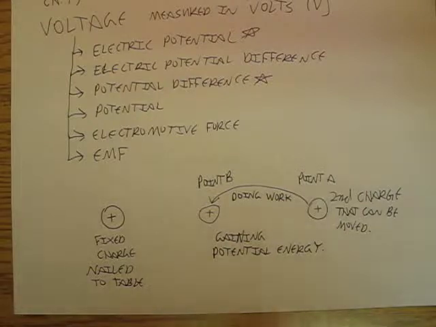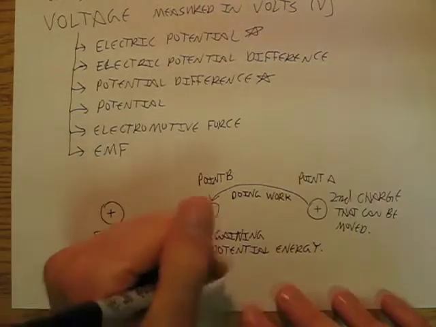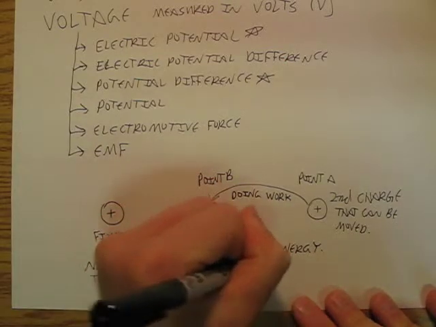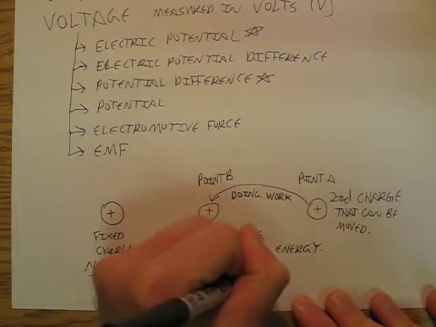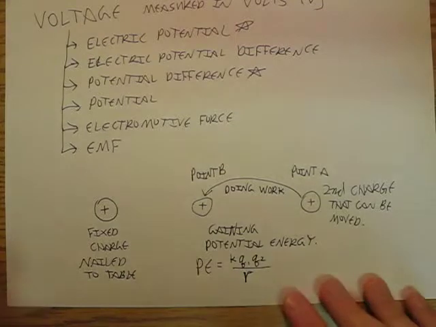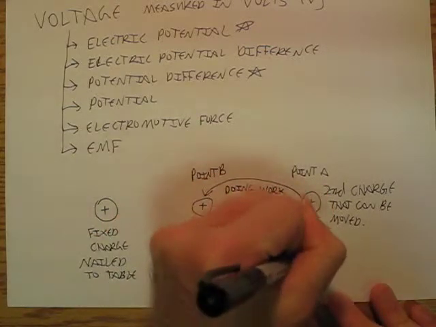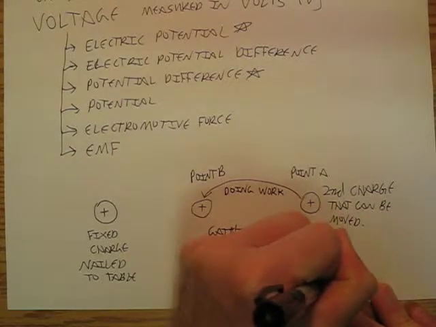And so the equation that we're going to have is that the potential energy gained is going to be KQ1Q2 over R1 minus KQ1Q2 over R2.